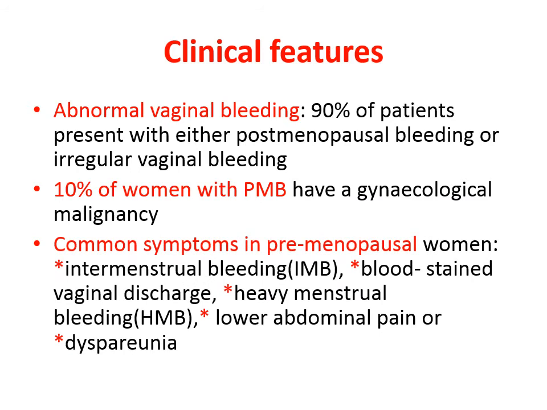While the common symptoms in a premenopausal woman include intermenstrual bleeding, blood-stained vaginal discharge, and heavy menstrual bleeding. As well, she might present with lower abdominal pain or dyspareunia.